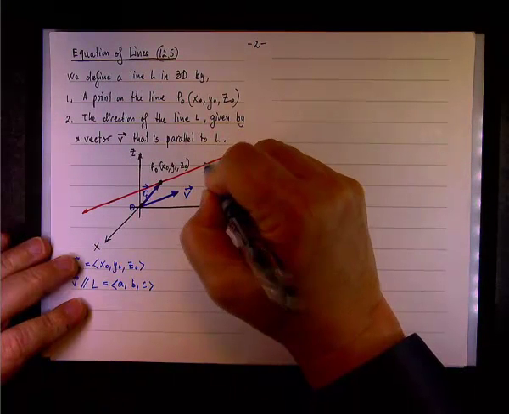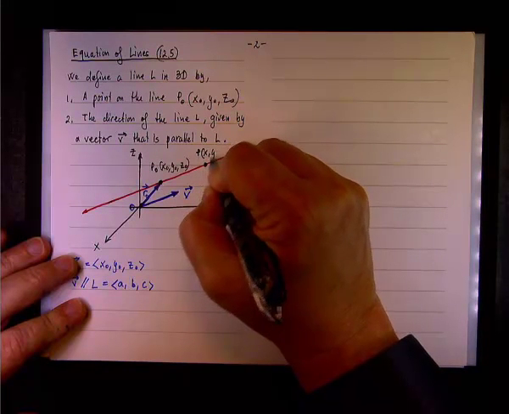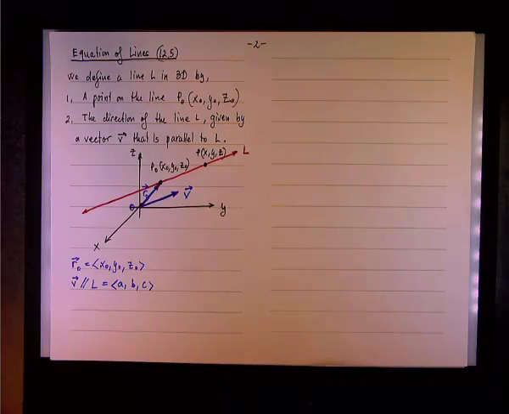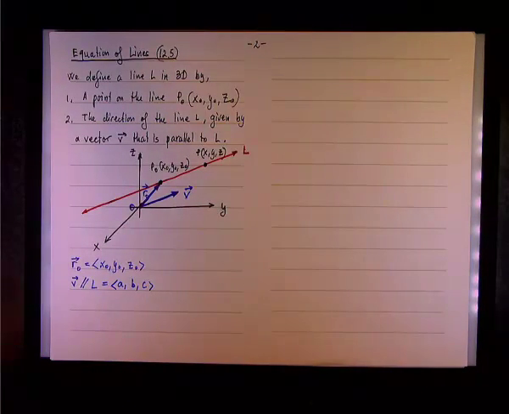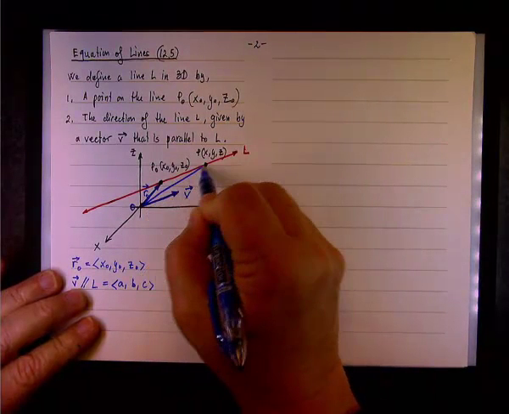Now, I'll pick a random point on the line, and this point will be P, not P sub 0, and the point will have the coordinates x, y, z.